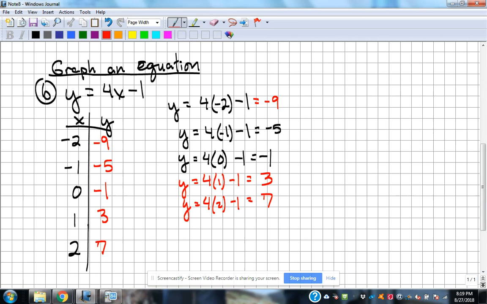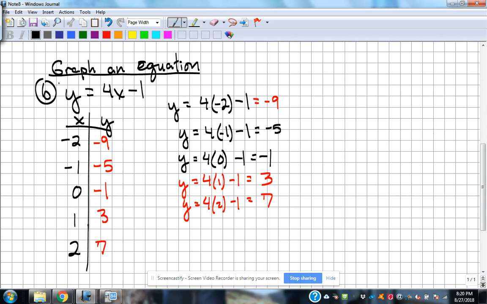Not every time, but 5 is a good number to have. Because usually, if the graph is going to curve or do something weird like that, within those 5 numbers, you'll start seeing that. This one, I know it's going to make a straight line when I graph it. I'm going to show you. But the next one we do is going to do something like that. And so having those 5 numbers is helpful.